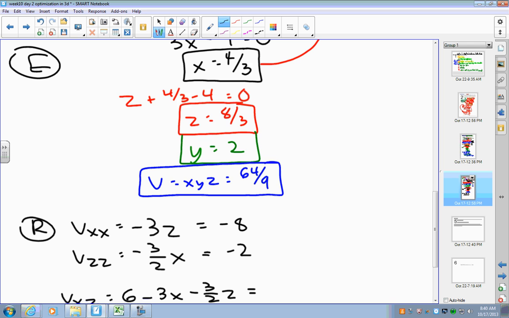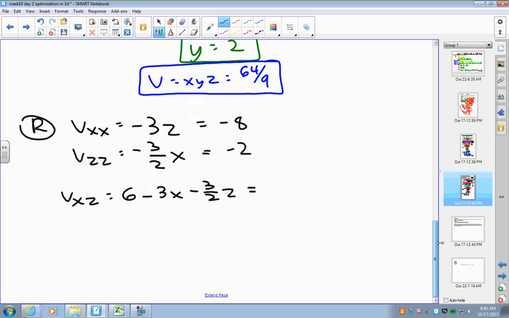And then 4/3 and 8/3. 4/3, this is a 4/3. This is an 8/3. Let's see if I can do some math here. This is going to be 6 minus 4 minus 4. So minus 8, 6 minus 8 is -2. Okay.